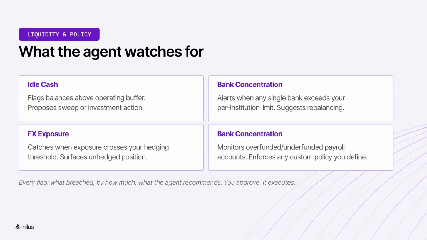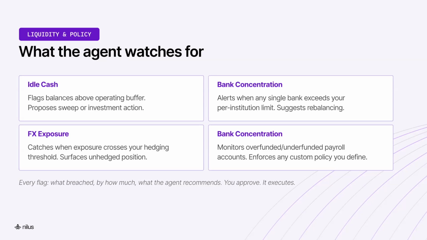Basically, we have idle cash. You want to make sure you don't have cash that's not working for you, and you want to move that to the right places. Bank concentration: you don't want to have a risk where all your funds are with one party and not spread across multiple bank accounts.